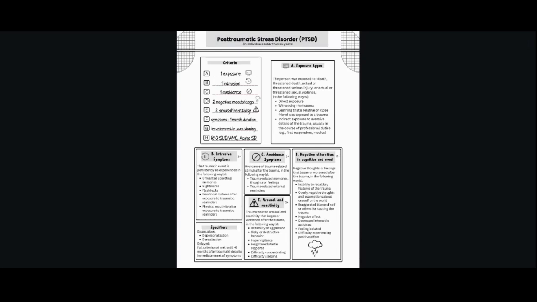When I'm talking about avoidance symptoms, this is a really common symptom for anybody who has experienced trauma. They don't want to continue to be exposed to the intrusive symptoms.